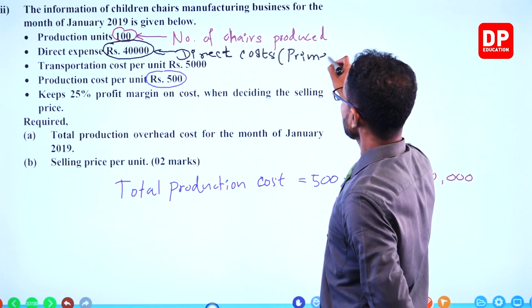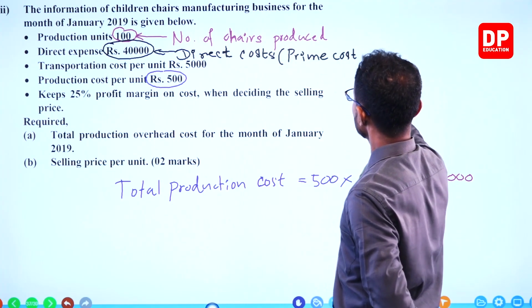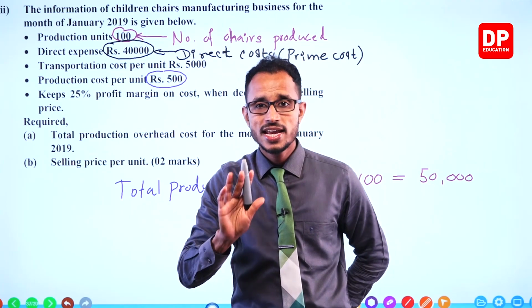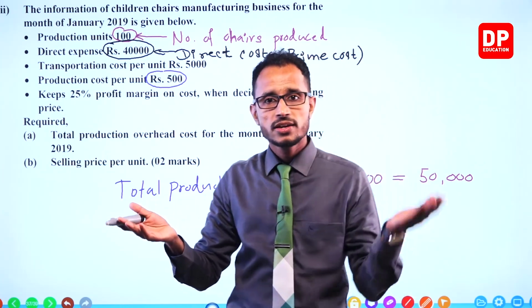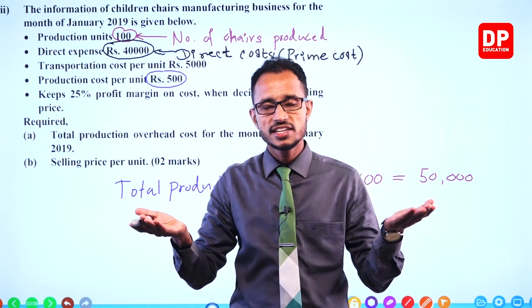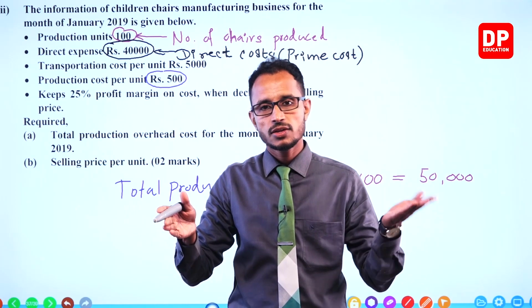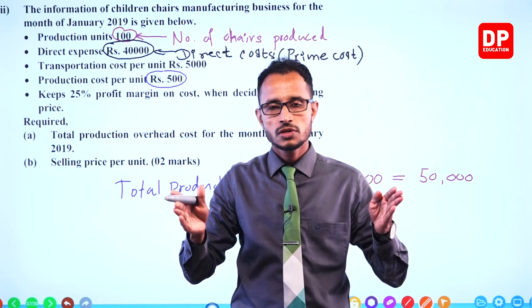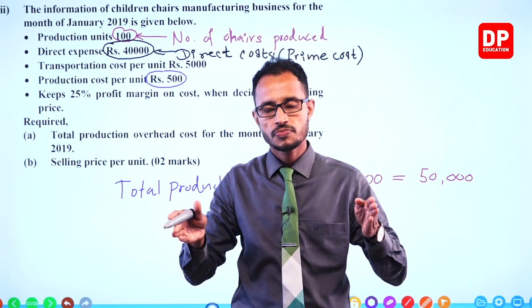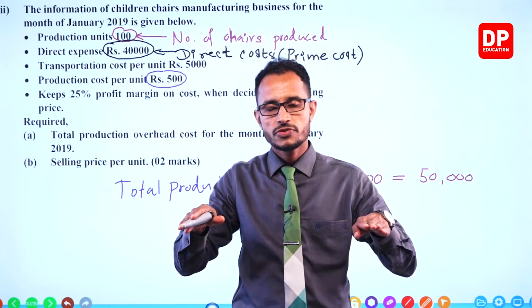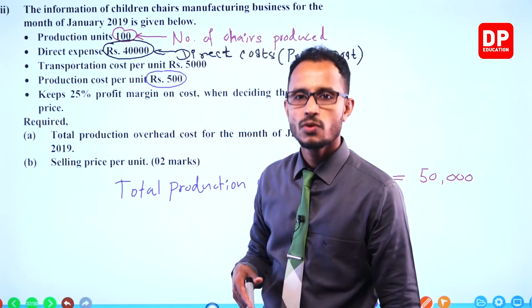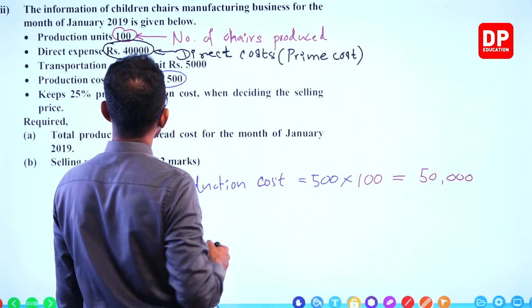The total production cost is made up of prime cost and overhead cost. When you add prime cost and overhead cost, it becomes total cost. So from total cost, when you take out prime cost, you get overhead cost. This is the prime cost.